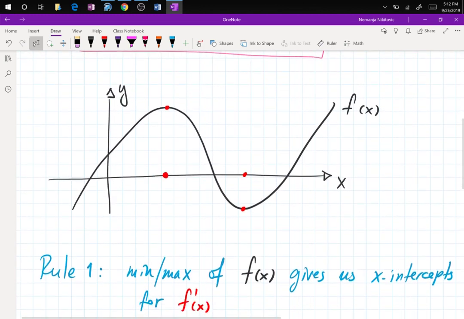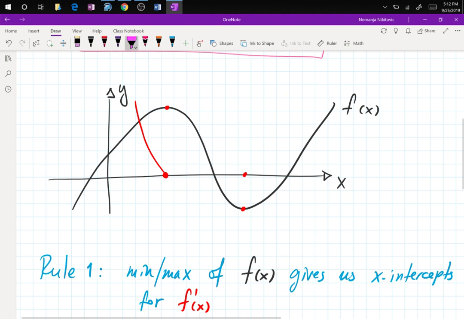So what do I have? Before the first point over here, I see that the original function f of x, the black one, is increasing, meaning that the derivative will be above x-axis.